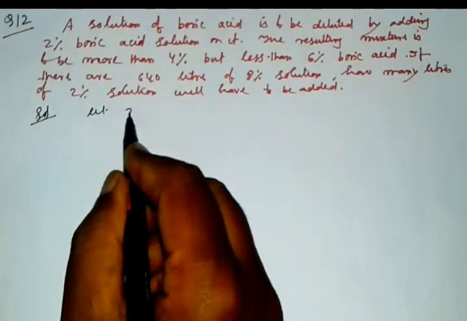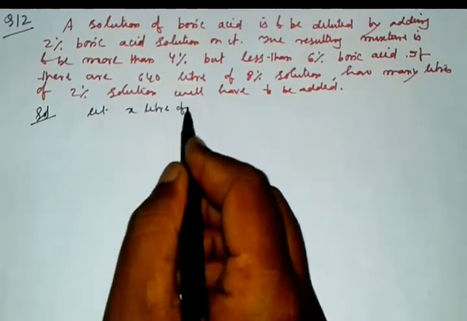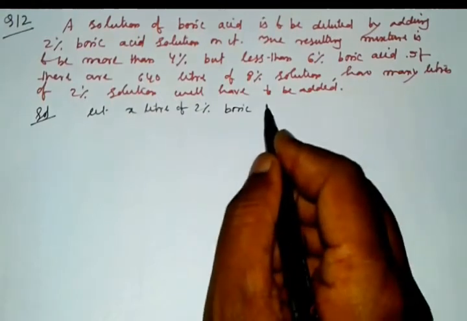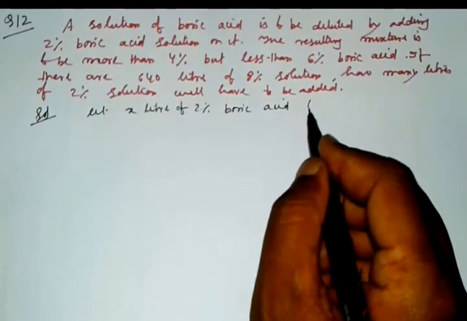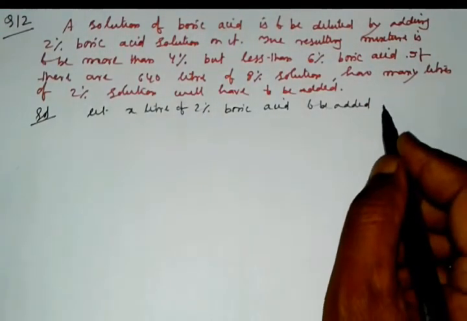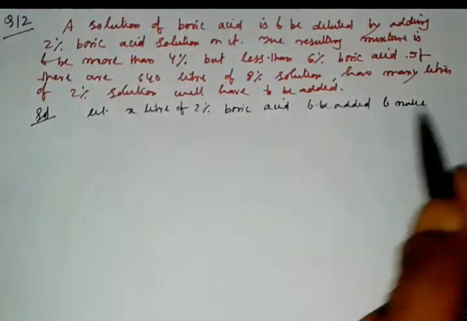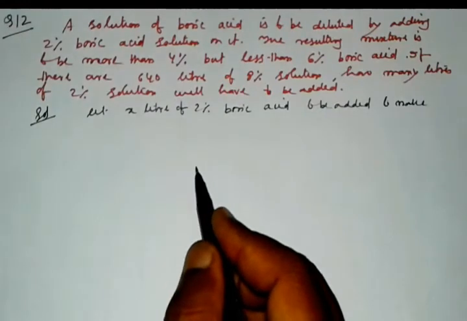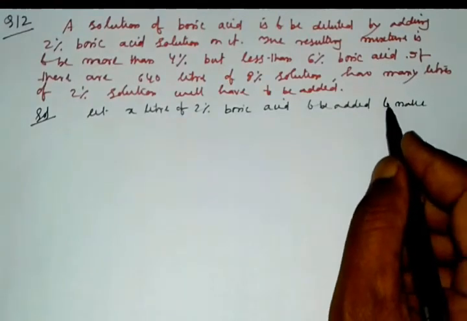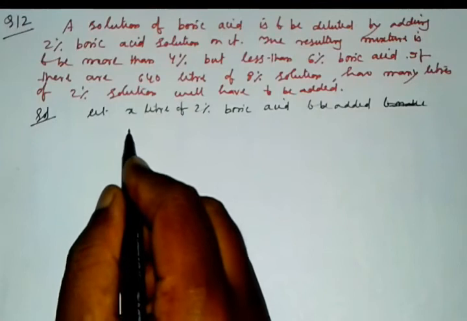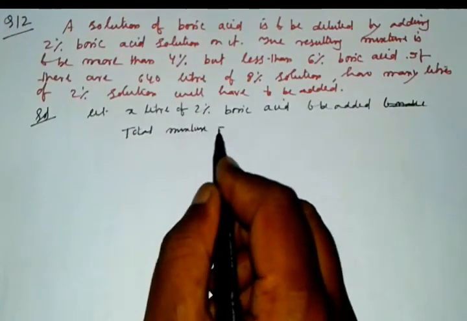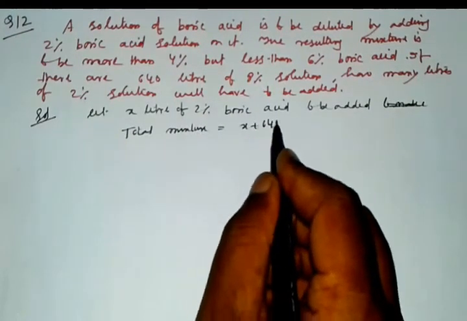Let x liters of 2% boric acid be added. The total mixture is x plus 640 liters.